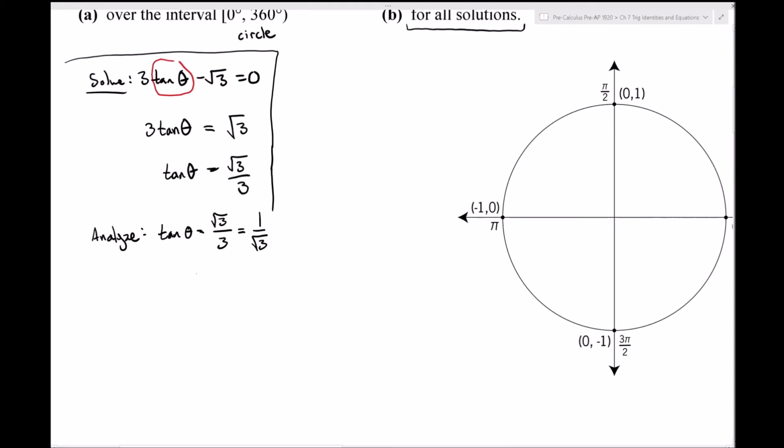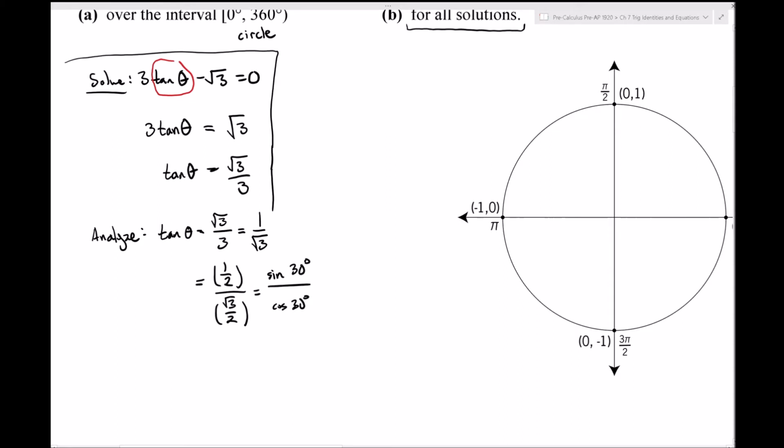And that came about after reducing this complex fraction, 1/2 over square root of 3 over 2. And those 2's cancel out by, if you remember, law of the sandwich. And that was in 7.1 through 7.4. So 1/2 came from sine of, and we should remember, 30 degrees. And square root of 3 over 2 came from cosine of the same 30 degrees. Because tangent is sine over cosine.